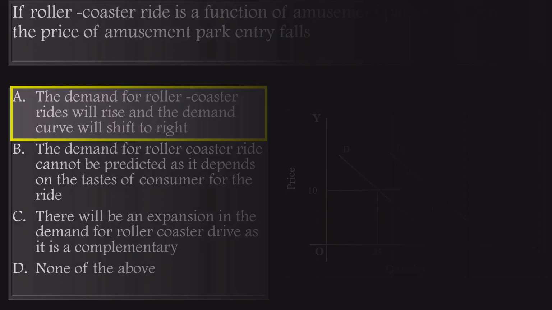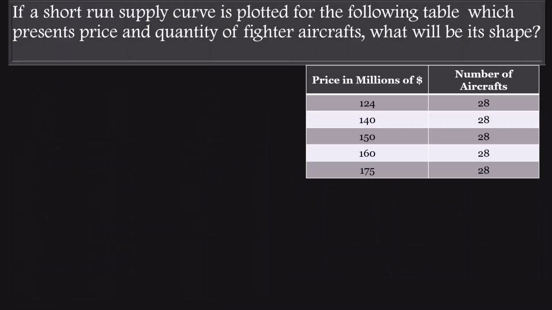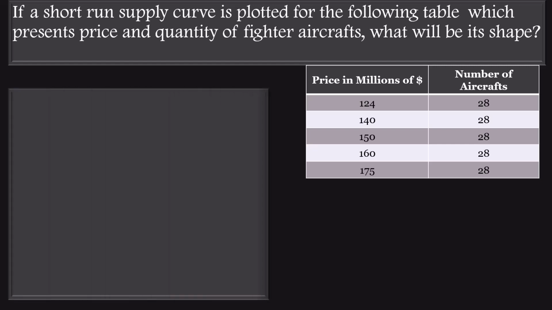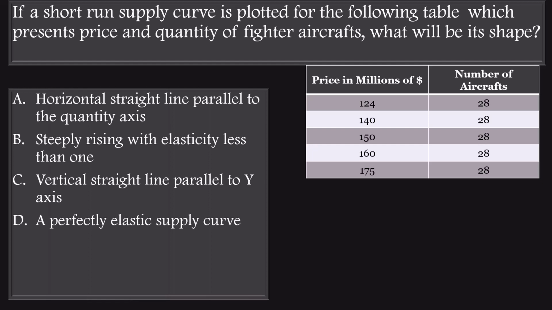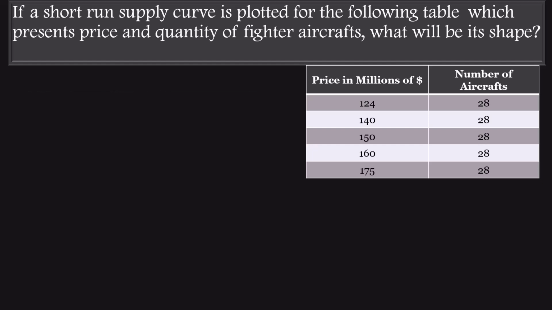Third question. If a short-run supply curve is plotted for the following table, which presents price and quantity of fighter aircrafts, what will be its shape? Refer to the table. The price of aircraft increases from $124 million to $175 million.